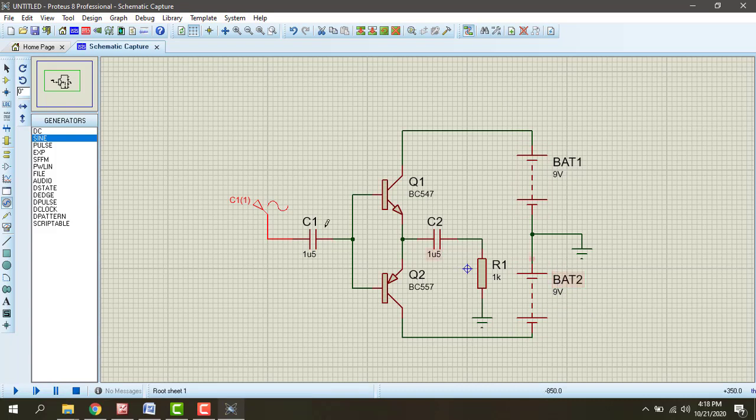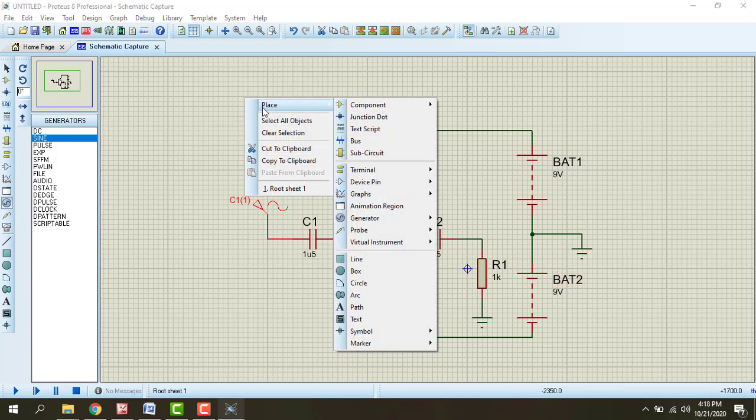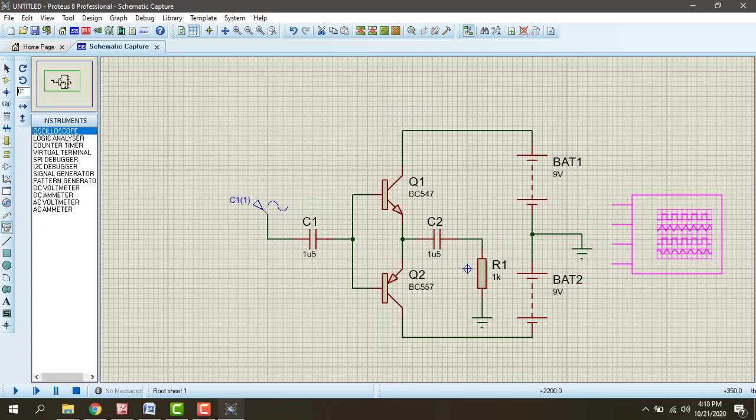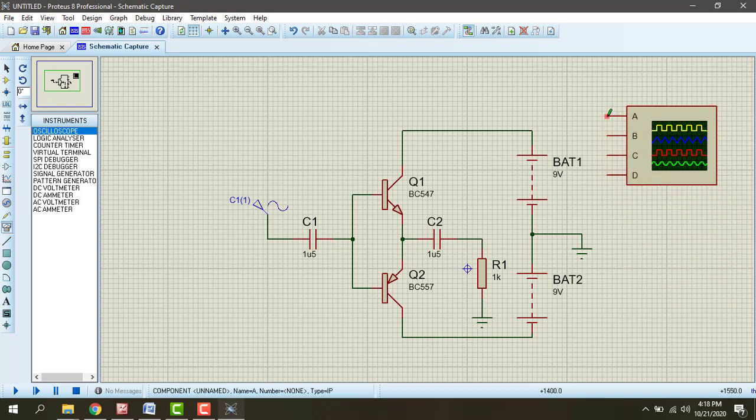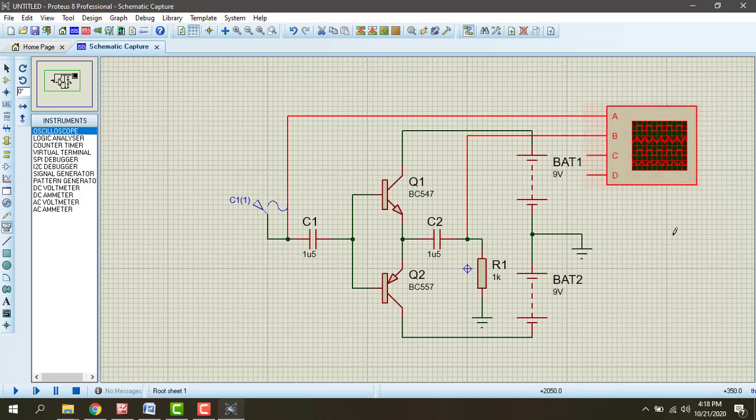Then I am going to measure the output. Right click, place, virtual instrument, oscilloscope. Point A is my input, scope A, and the next point is my output. So this is input, this is output. Okay, that's all, the circuit is over.